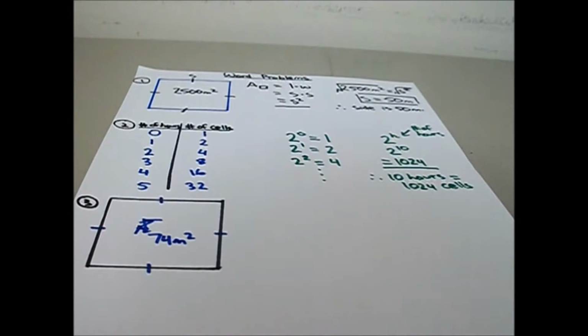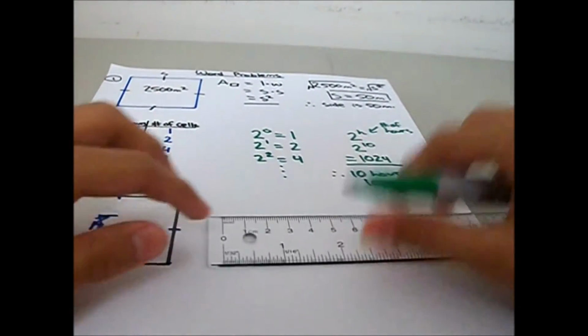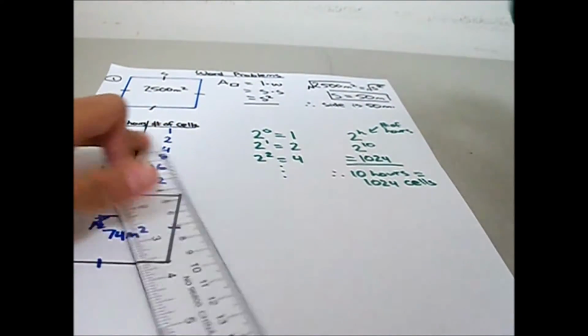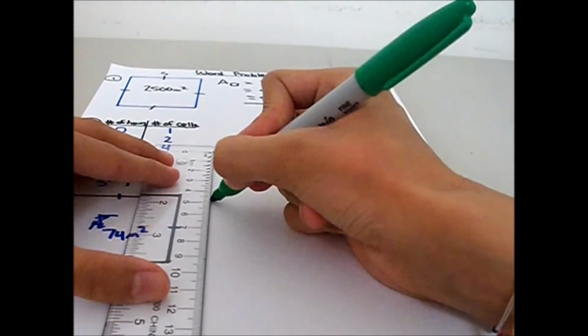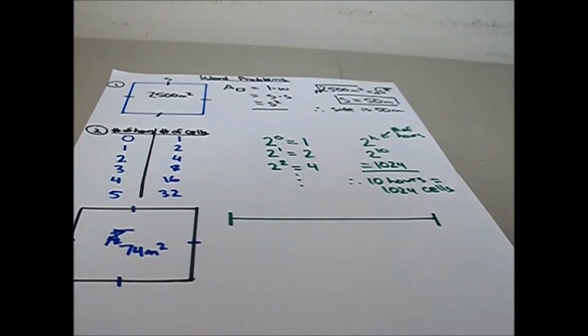Right off the bat, you should be able to notice that 74 is not a perfect square number, which means that if you were to square root it, you will not get an integer as a result. So we have to find its precise value. So in the previous lesson, we learned how to estimate square roots, so we're going to do that once more. I'll be using the number line method to estimate.